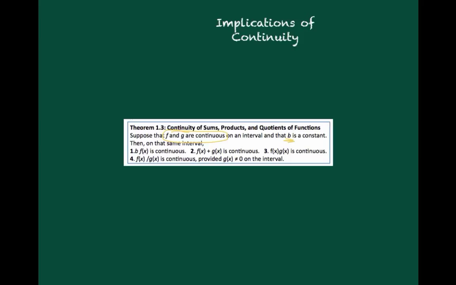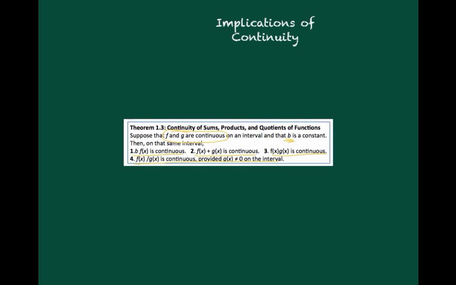Then, number 1, b times f of x is a continuous function. If you add 2 continuous functions together, the result is a continuous function. If you multiply 2 continuous functions together, the product is continuous. And finally, so long as g of x does not equal 0, the quotient of 2 continuous functions is continuous.